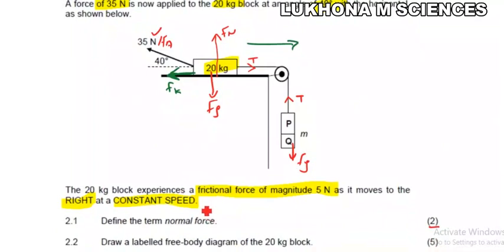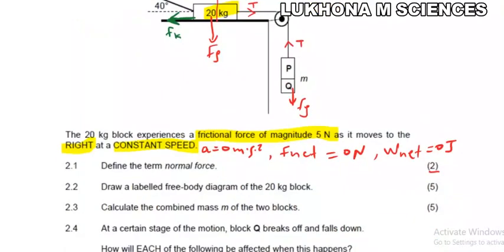Therefore, acceleration is equal to 0 because there is no change in velocity. If the acceleration is 0, the net force is equal to 0 newtons also. If we extend to grade 12 work, the net work done is also equal to 0 joules because of that constant speed. Now let's go to the questions.